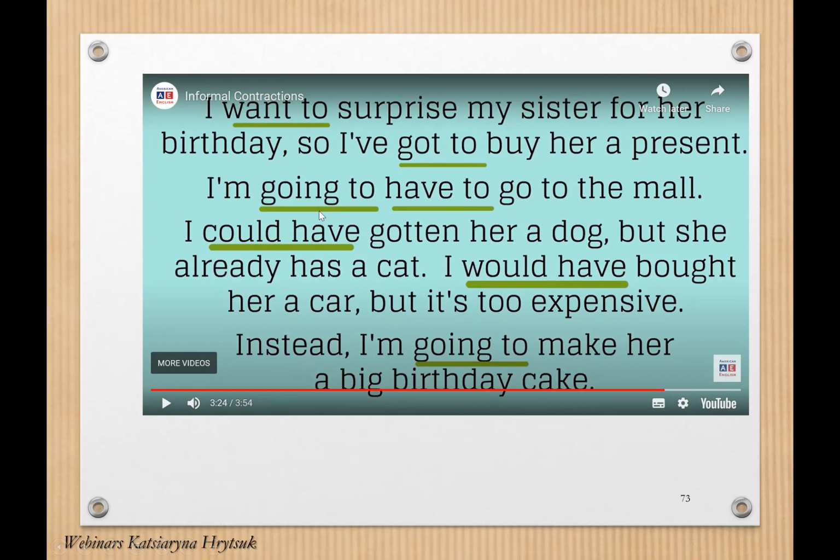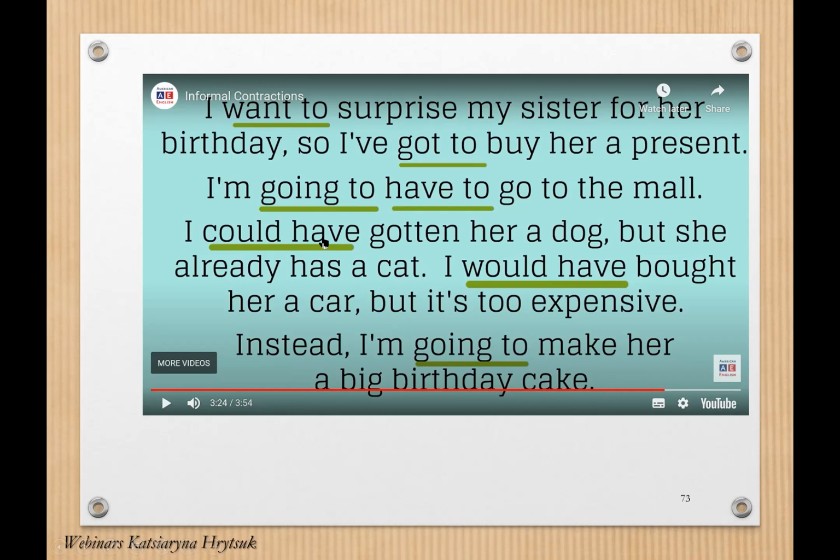Okay. This is difficult. Yes, this one is difficult. Just try. Just read it if you're not sure. It's okay.